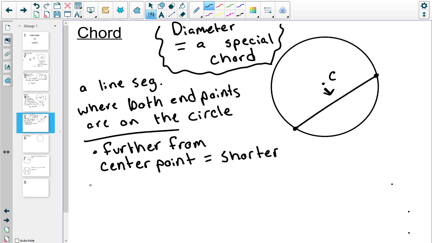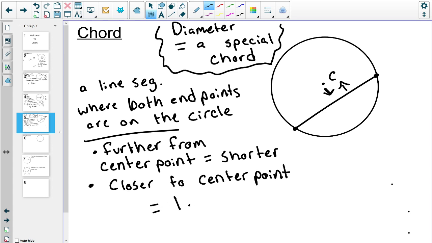And if it's closer to the center point, it will be longer. And that makes sense if you look at it.